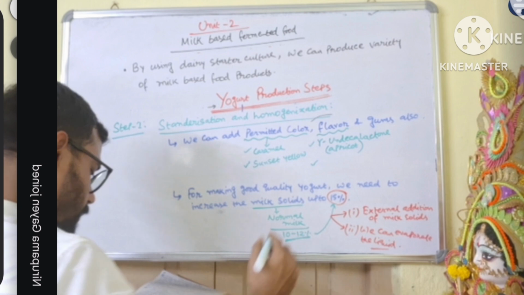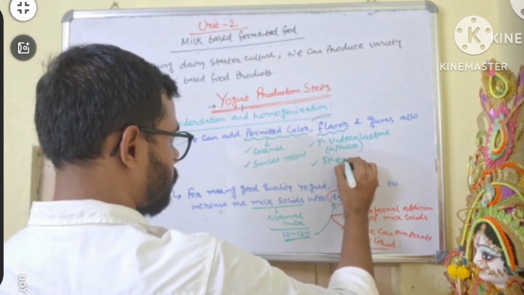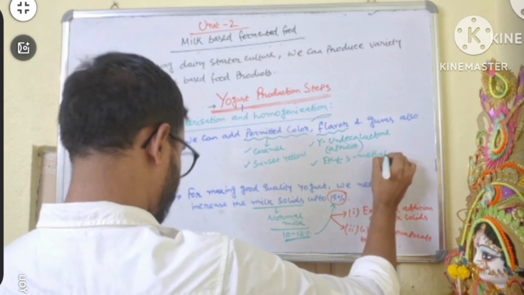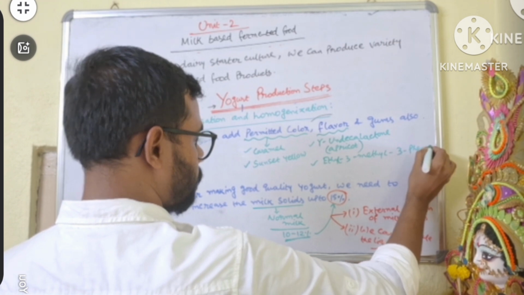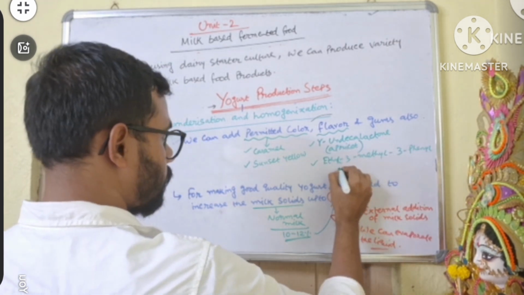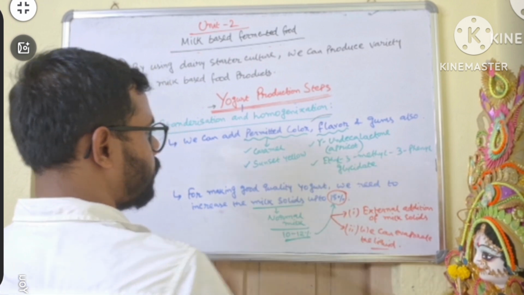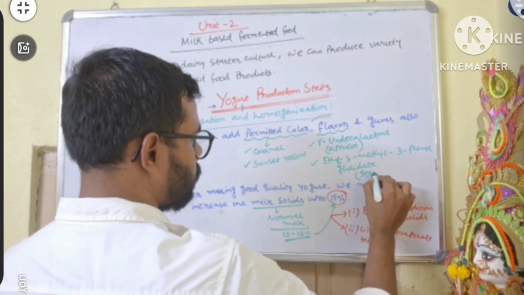Another interesting flavor, ethyl 3-methyl-3-phenyl glycidate. We can use it externally and it gives strawberry flavor.